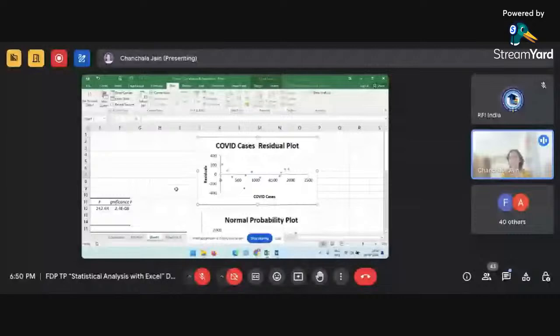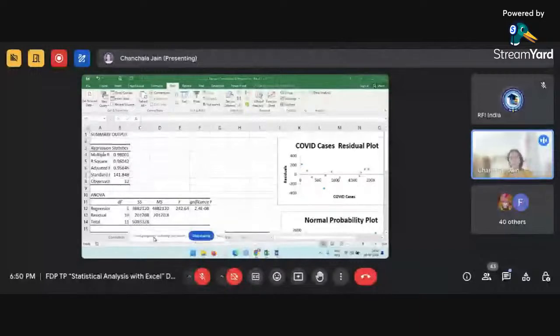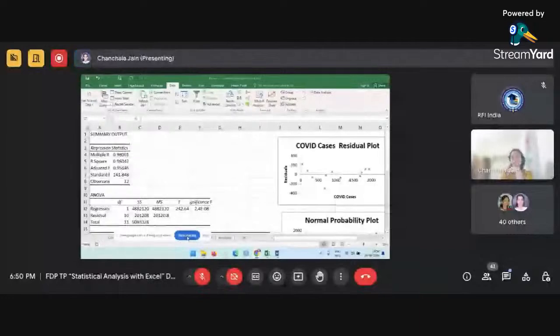They should not form any particular shape. Maybe a shape can be like a cone shape. I think you all have seen a funnel. When I put a funnel in a horizontal form, you can see a kind of fan type of shape, or a funnel is like something like this, right?